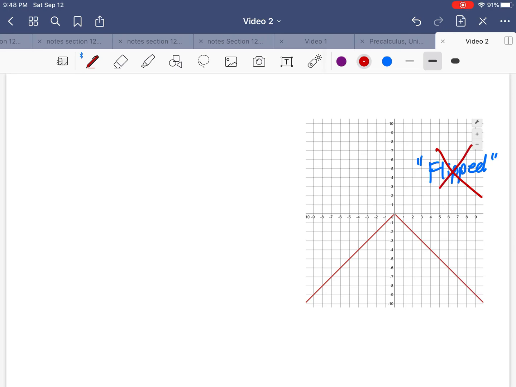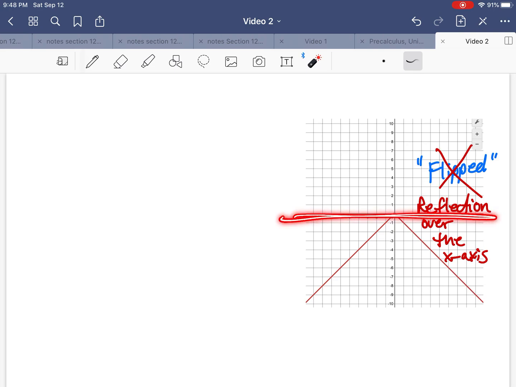We want to say that there has been a reflection. And technically, it's a reflection over the x-axis. But we're just going to say reflection, all right? Because this is our x-axis, and what happened is the graph used to be up here, and it flipped over, right? And so it reflected over the x-axis. Like you see a reflection in a mirror, the x-axis was the mirror and it reflected over that.